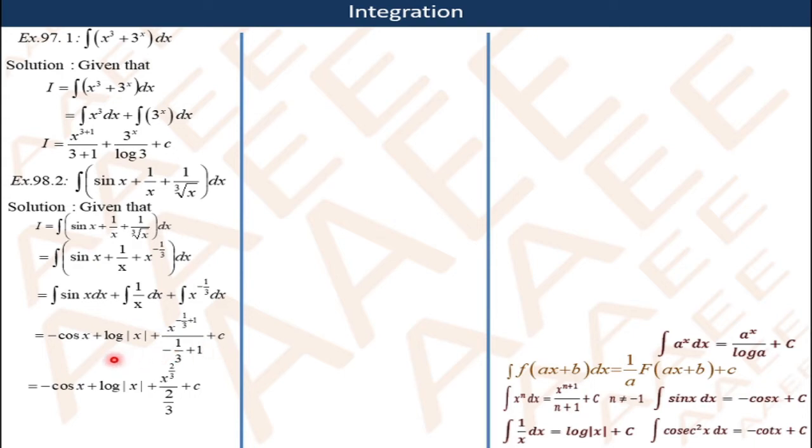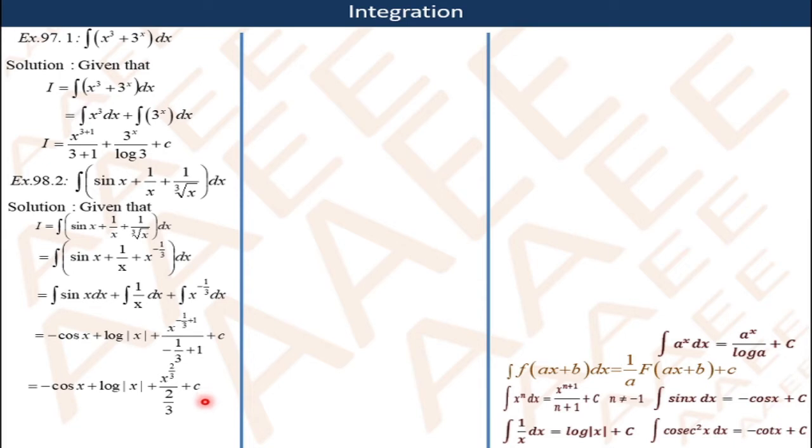And this one can be written as x raised to minus 1 by 3 plus 1. This addition will be 2 by 3, and this addition will be 2 by 3, and the answer extends to minus cos of x plus log of mod of x plus x raised to 2 by 3 upon 2 by 3, plus c.